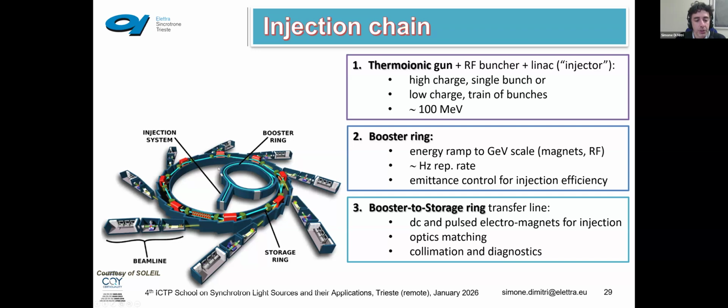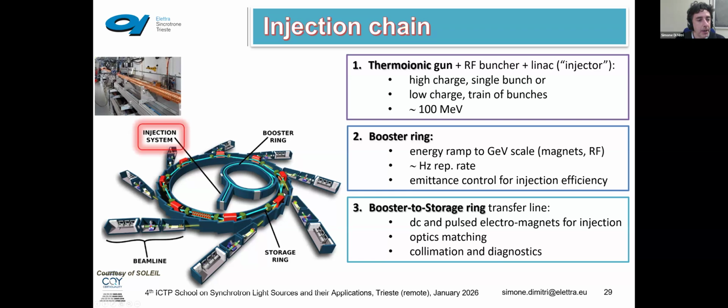So we call this the injection chain into the storage ring light source. And of course, all these accelerators, the linac, the booster, the main ring, are connected by transfer lines. In other words, a series of dipole and quadrupole magnets to connect the different accelerators at a constant energy.